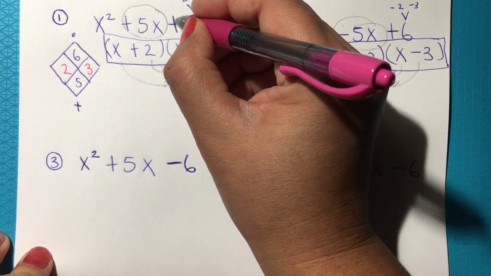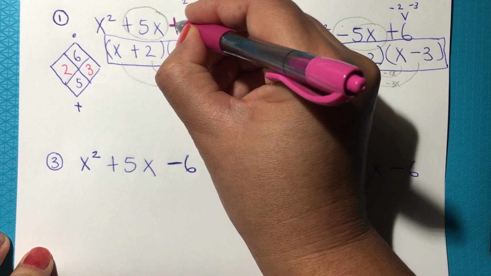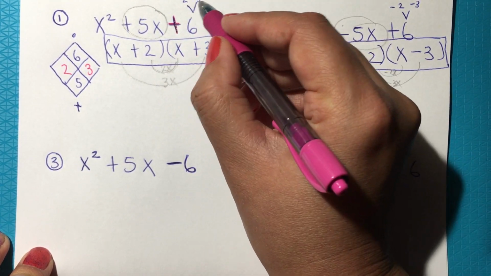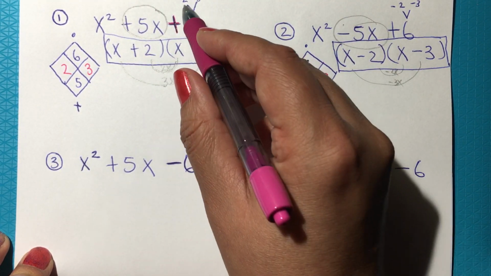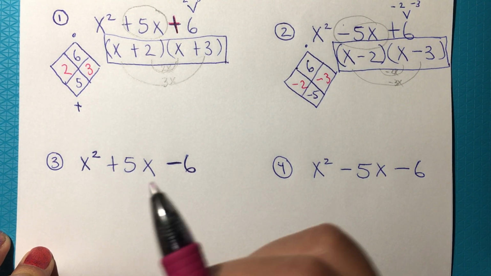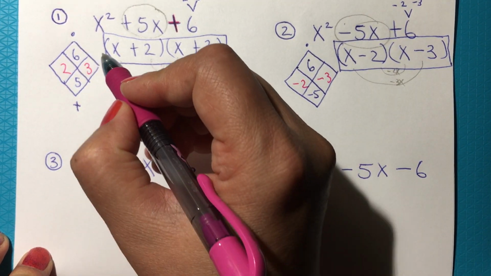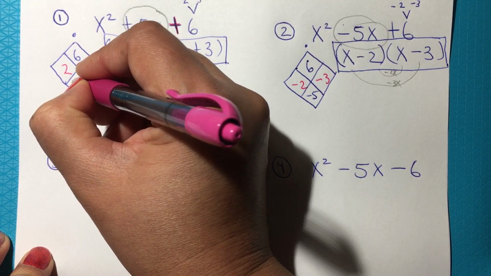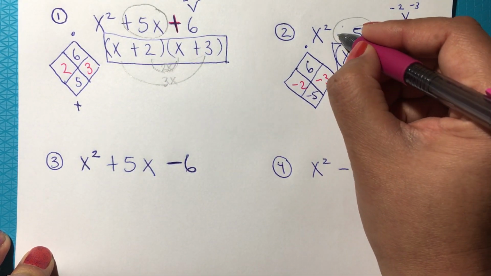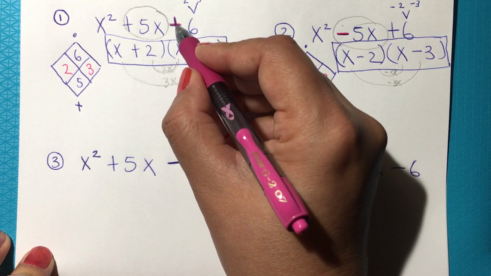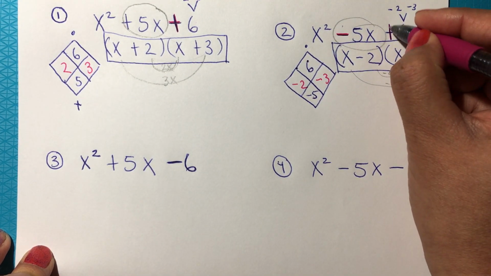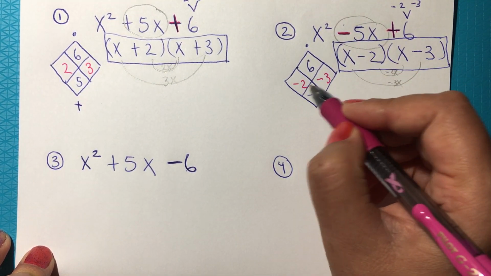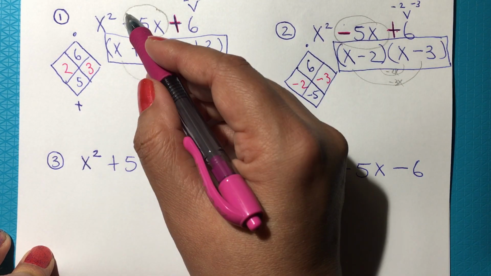So that's one thing that I can see, that this tells me that I'm going to add the two factors that I find. The other thing that it tells me is that when this is positive, both of these will have the sign of the bottom. See? This is positive, this is positive. The two factors have the signs of the middle term.